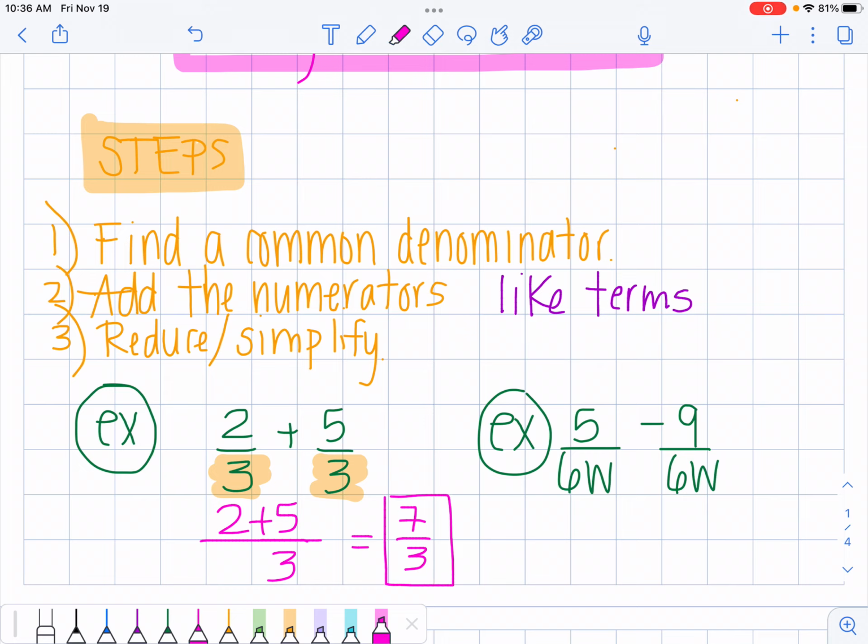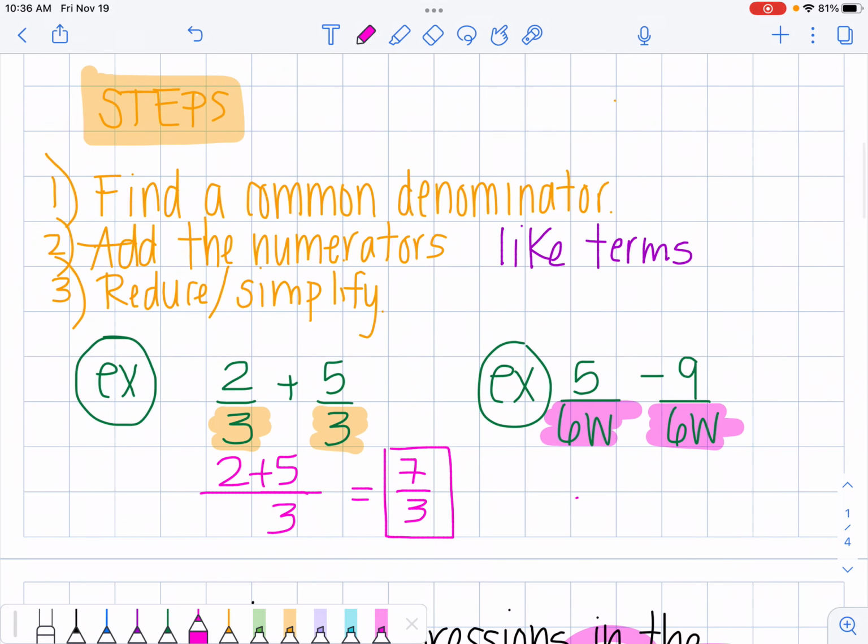Same thing over here when I have variables in my denominator, 6w and 6w. Again, my denominator is the same. So my denominator stays 6w, and then I add together my tops. In this case, I'm subtracting: 5 minus 9 is -4 over 6w. And then I would reduce my fraction.